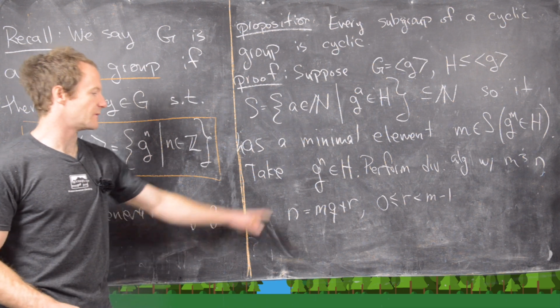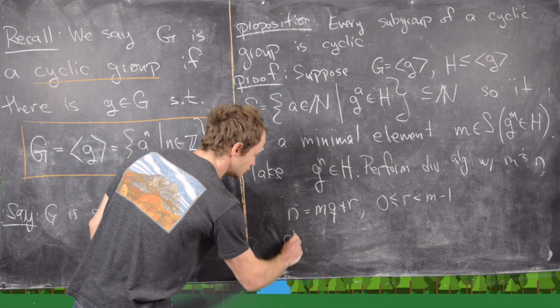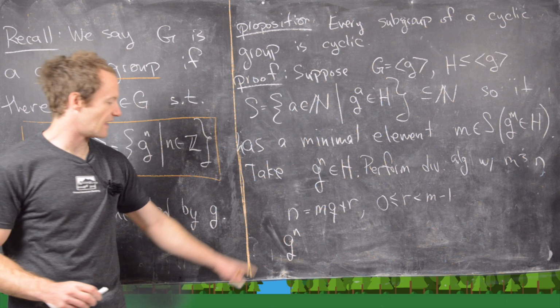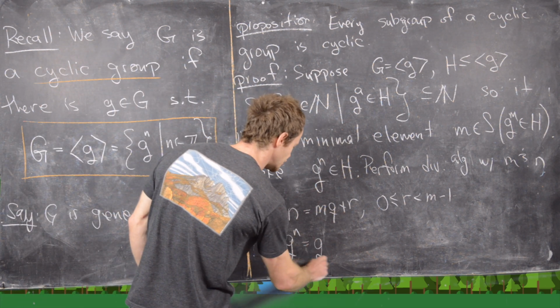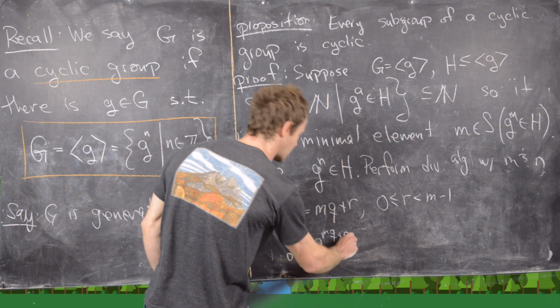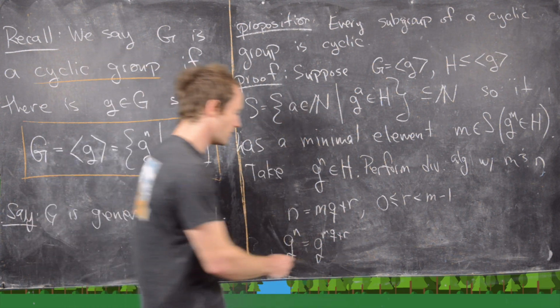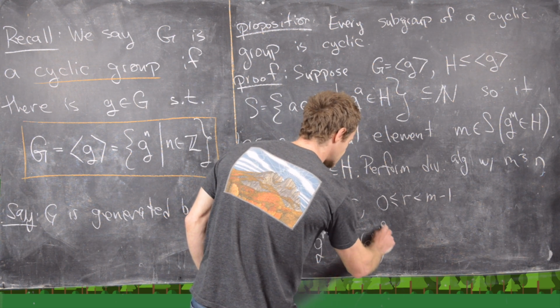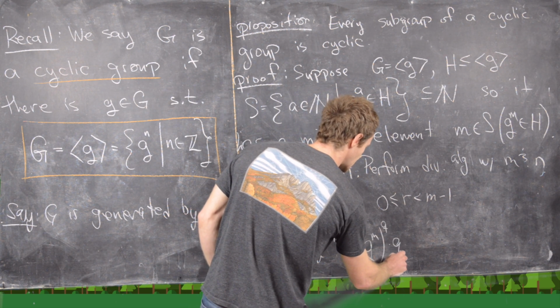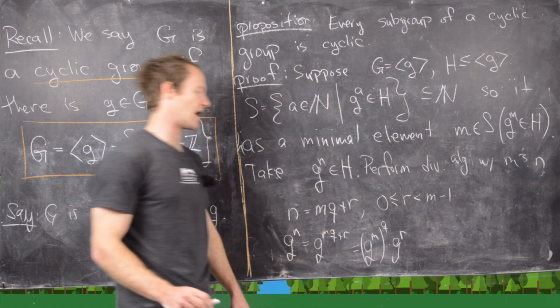Now, what we want to do from here is take this g to the n and then rewrite it using this division algorithm. So notice that is g to the mq plus r. Great. But that's exactly equal to g to the m, all to the q power, times g to the r power.